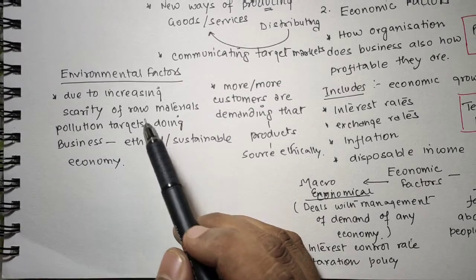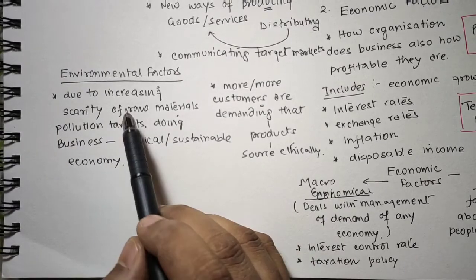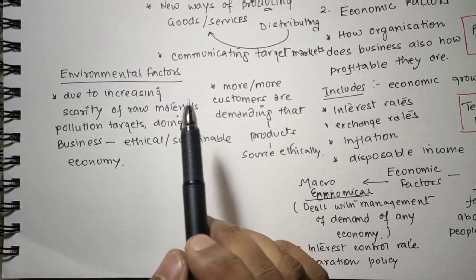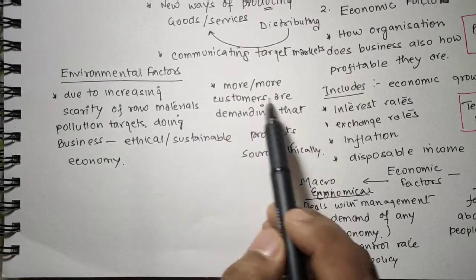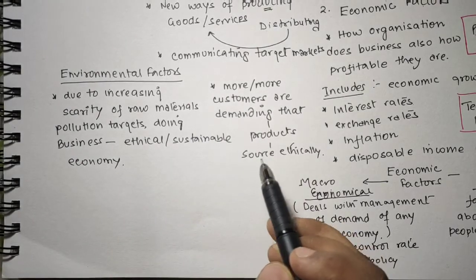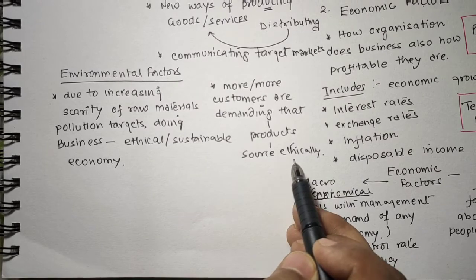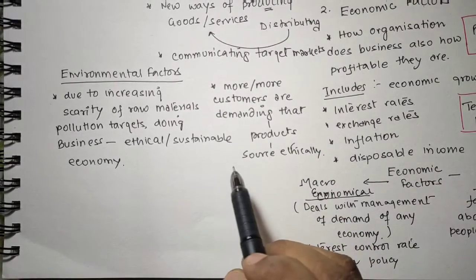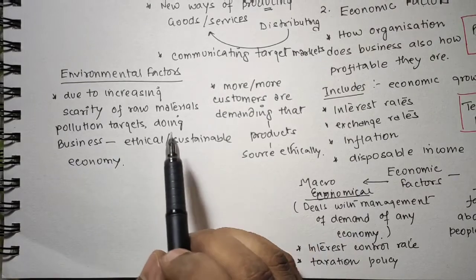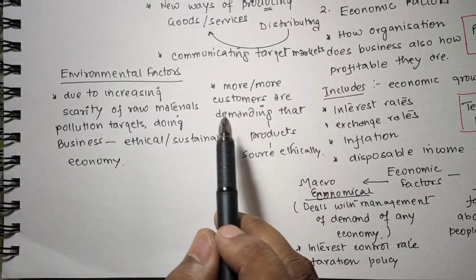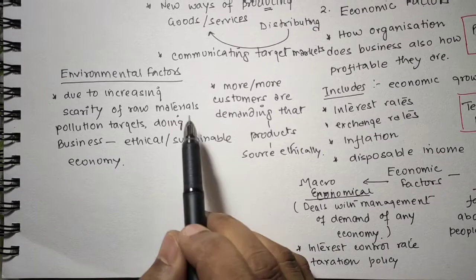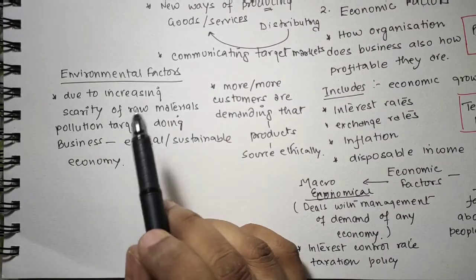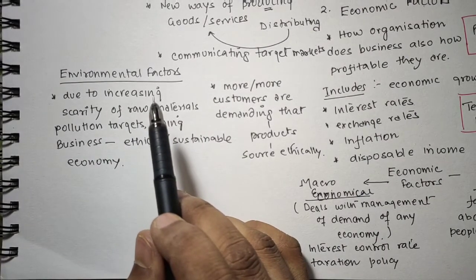More and more customers are nowadays demanding products that are sourced ethically and from a sustainable source. So the environment is also one of the most important factors, along with the political environment, to be taken into consideration while providing goods and services to the customer.